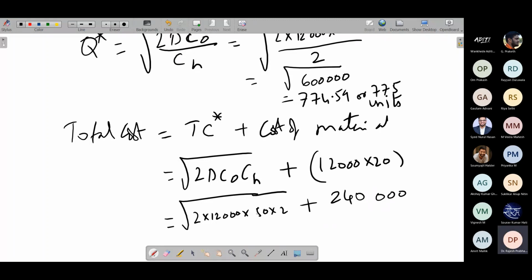So this is 12 lakh into 2, 24 lakh, square root is 1,549. So this will be 2,41,549 approximately.